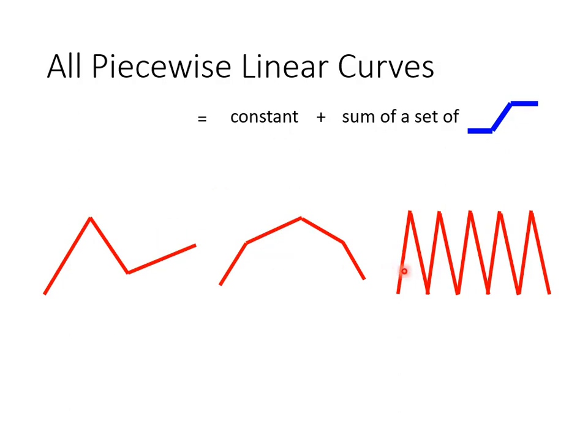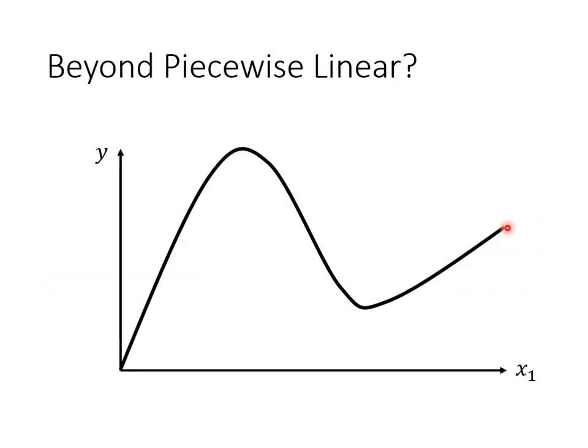So if your piecewise linear curves are more complicated, that is, they have more turning points, you will need more blue functions. So, when it comes to this, someone might say, what if the relationship between x and y is not a piecewise linear curve? Maybe it's a curve that looks like this. Even if it's a curve like this, it doesn't matter.